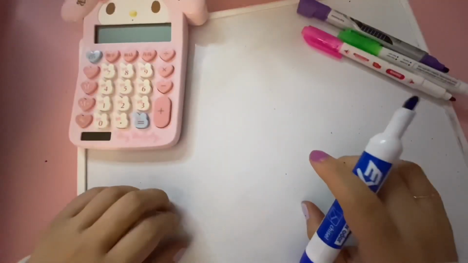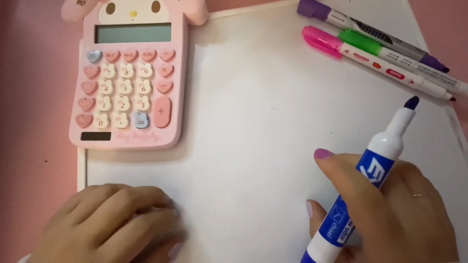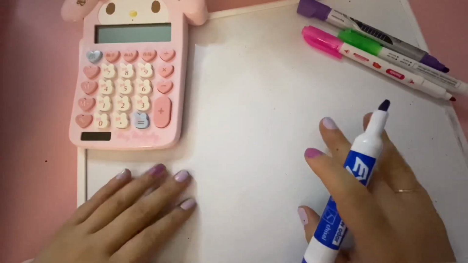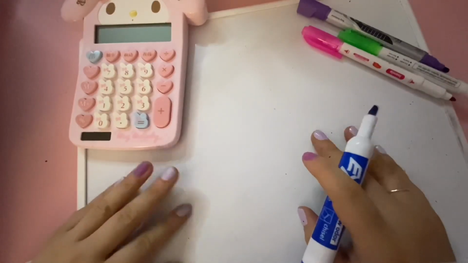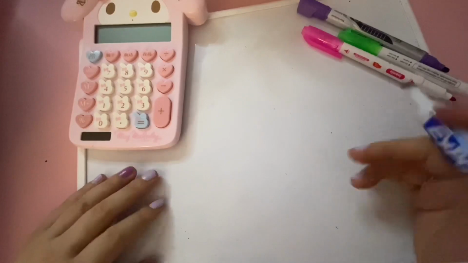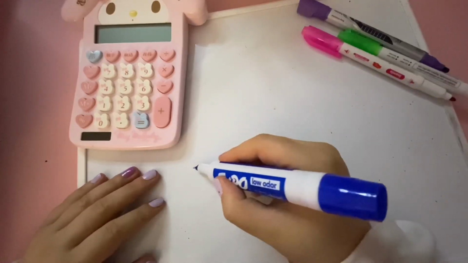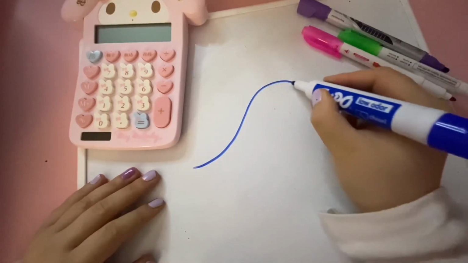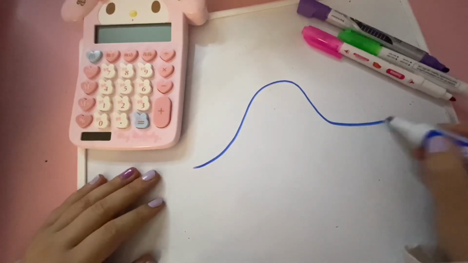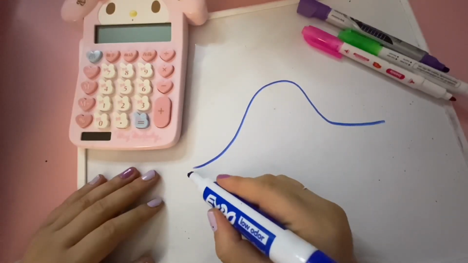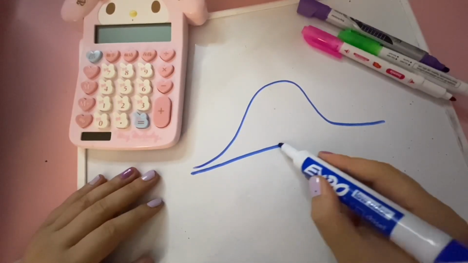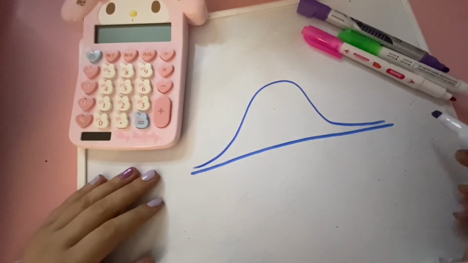So I am going to try to sketch this out so that you can get what I mean. This isn't going to be perfectly symmetric, but that's alright. There we go.